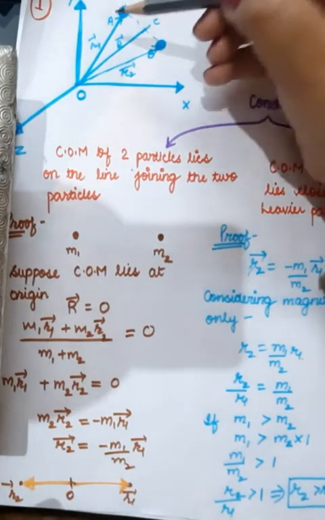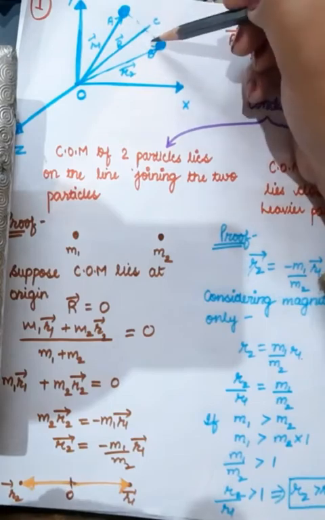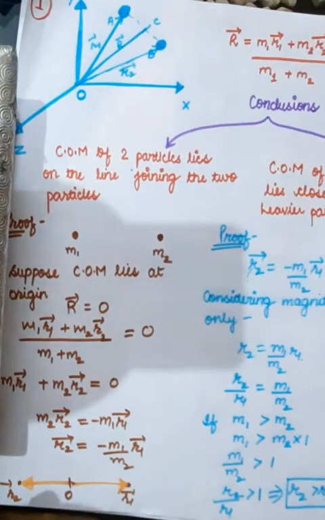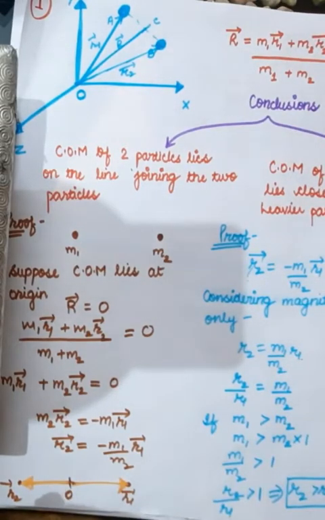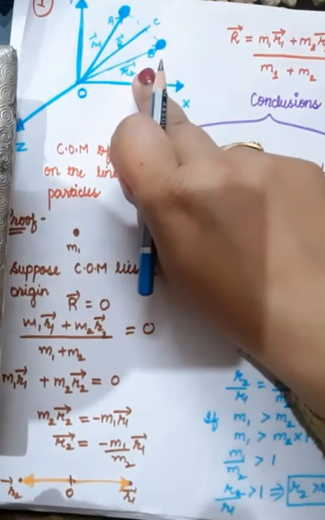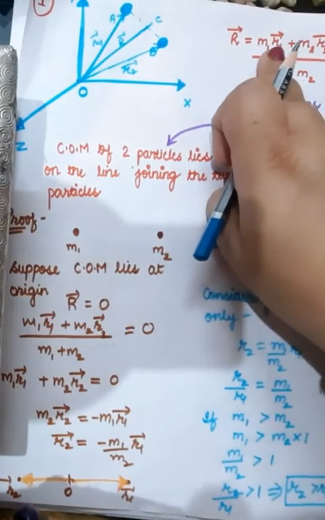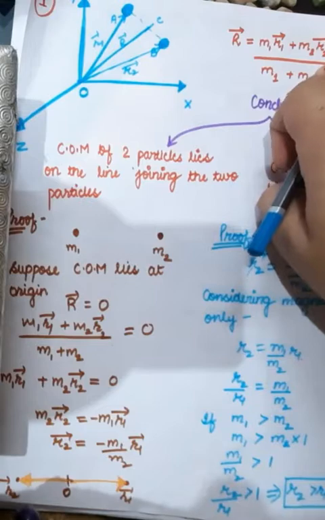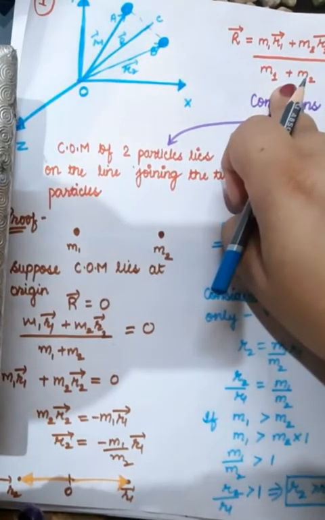We had discussed that if we have two particles, namely A and B, which can be represented in a coordinate system of axis, then the position vector of center of mass of these two particles will be given by R vector equals m1 r1 vector plus m2 r2 vector divided by m1 plus m2, right?